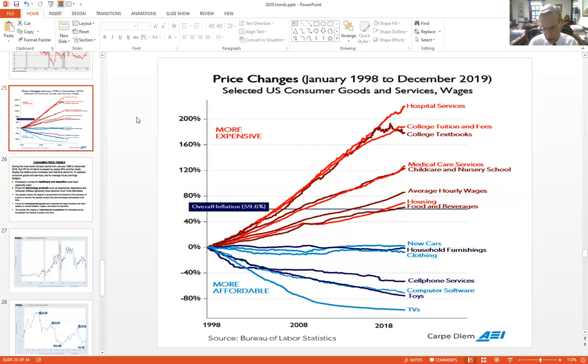Prices of new cars and clothing, household furnishings have been kept well in line. Cell phones and cell phone services have become more affordable, as has software. And the price of televisions are the best buy on the chart, aren't they?